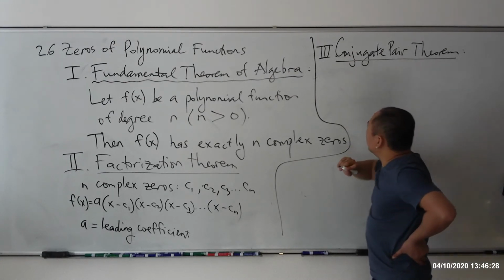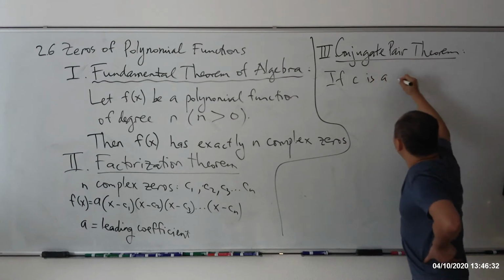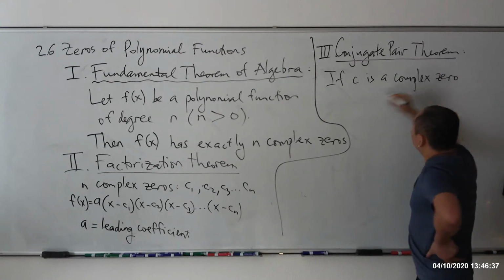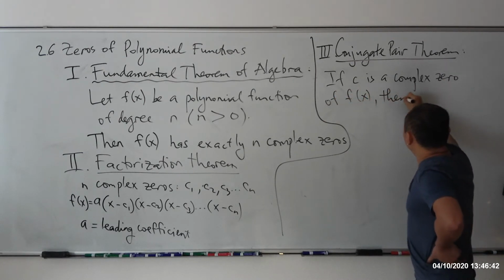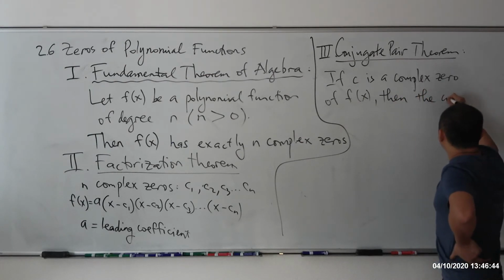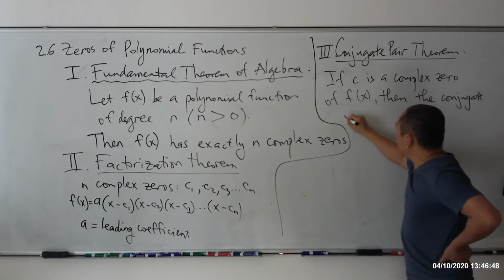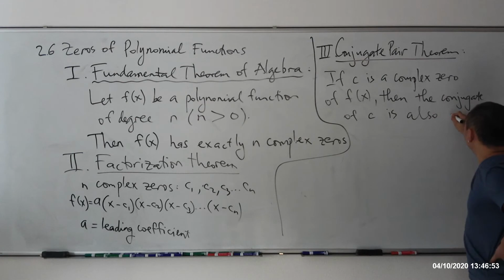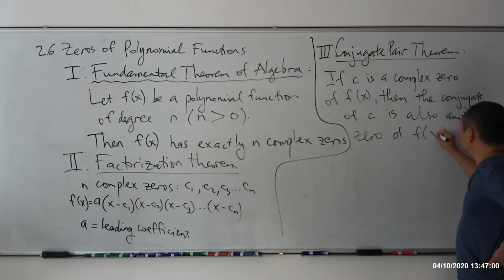Okay. The third theorem says that if C is a complex zero of f of x, then the conjugate of C is also another zero of f of x.